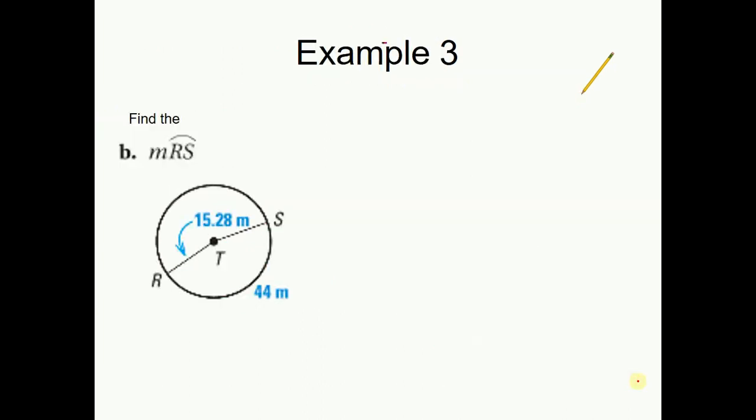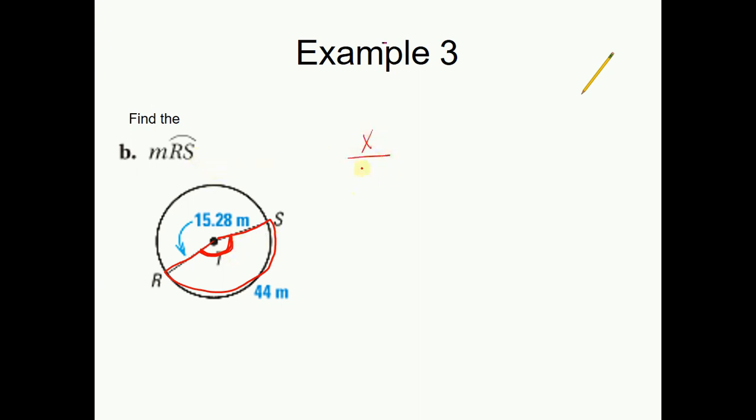Now let's take a look at the third example of our arc length area. So they want to know the measure of RS. So they want to know how big is this angle right here. So basically we're talking about this piece of this circle here. I don't know the measurement of that angle.